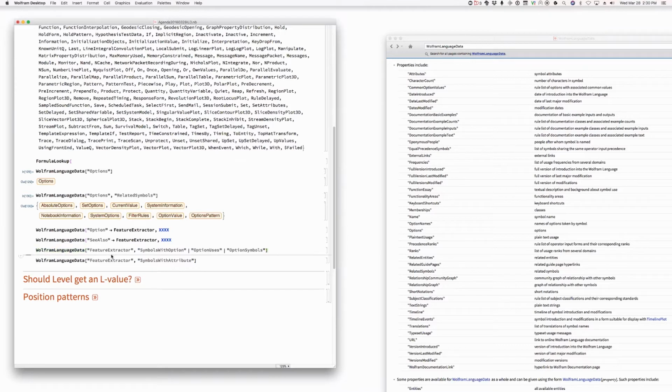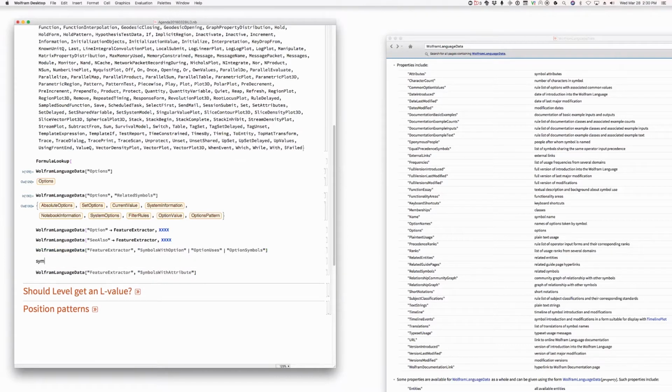Okay, what is the full statement here? The full statement is symbols that use this symbol as an option. Included option?